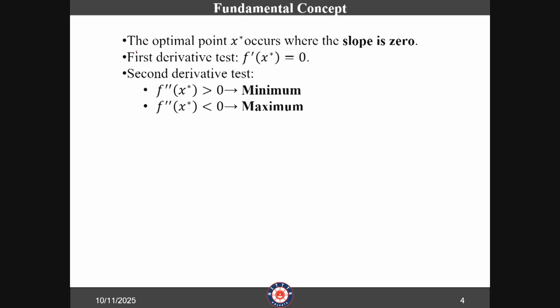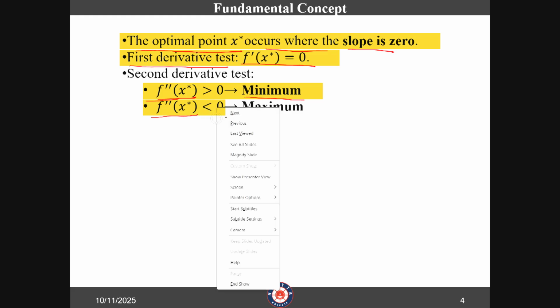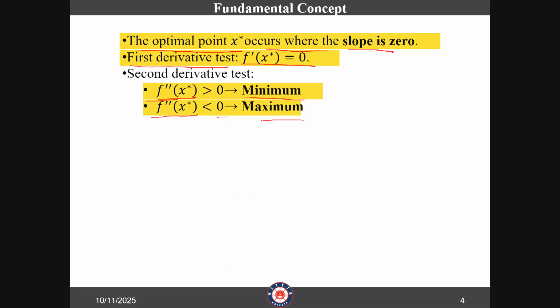The optimal point x occurs where the slope is 0, that is, we set the first derivative to 0. Whether it is a maximum or minimum we can determine as follows. If the double derivative of the function is greater than 0, it is a minimum. If the double derivative is less than 0, then it is a maximum.